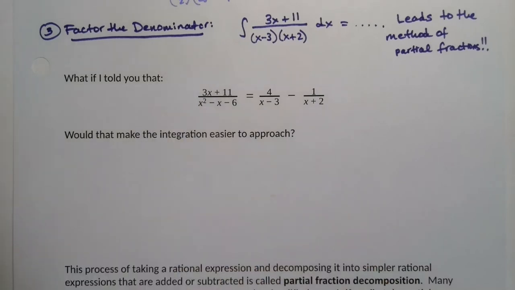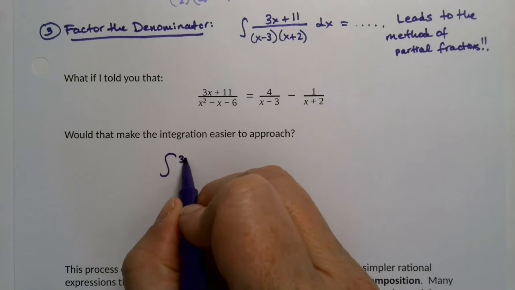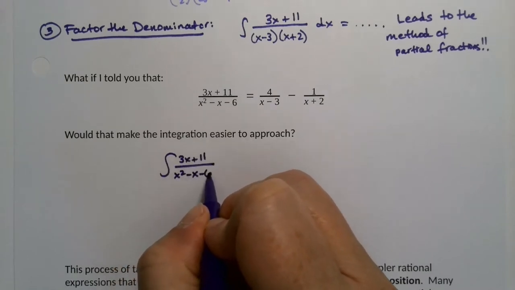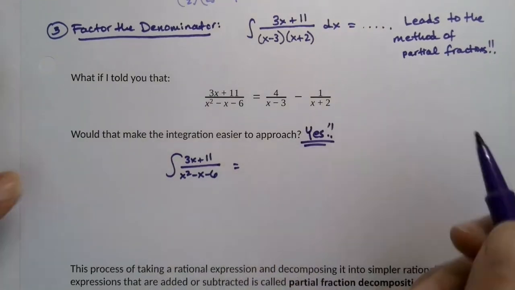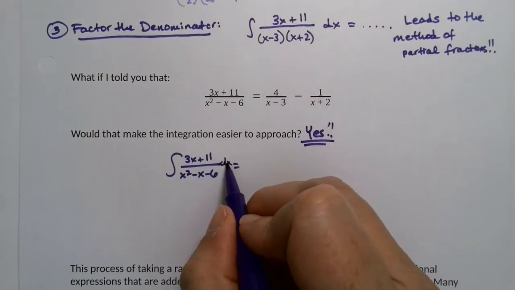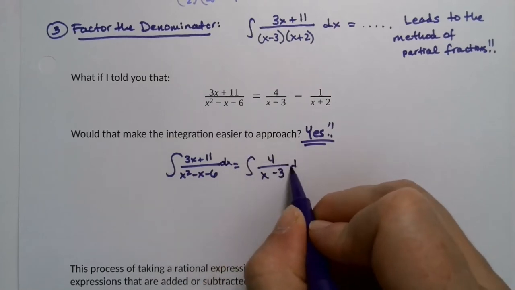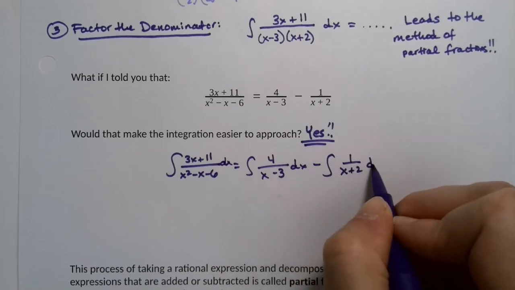It would definitely make the integration easier, for sure, because it would be the integral of 4 over x minus 3 dx minus the integral of 1 over x plus 2 dx.